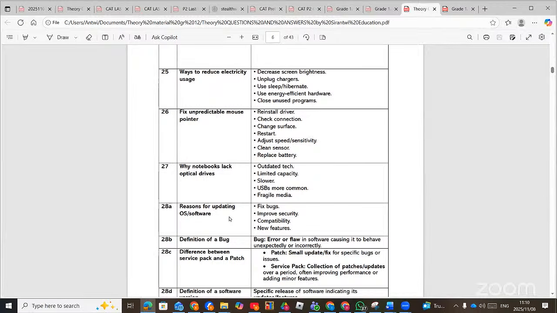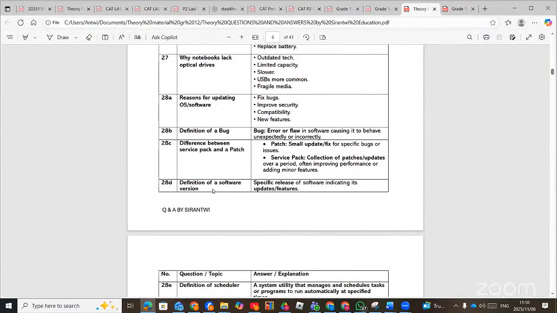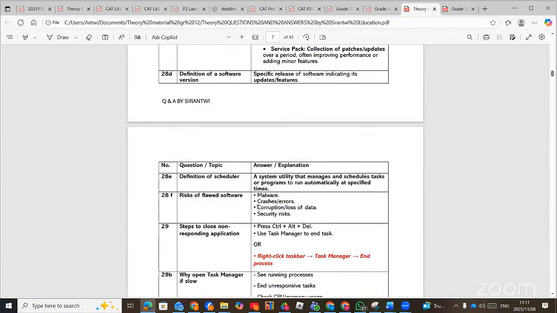Reason for updating operating system: to fix bugs, improve security, and compatibility issues. A difference between patch and service pack. Definition of a software version: a specific release of software indicating an update or new features. Definition of a scheduler: operating system utility software which manages and schedules tasks or programs to run automatically at different times. They can ask you this type of question.